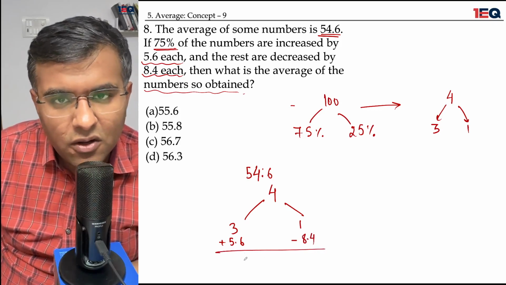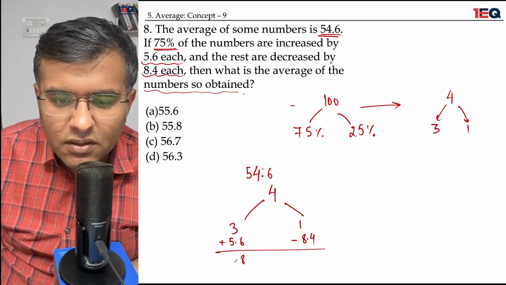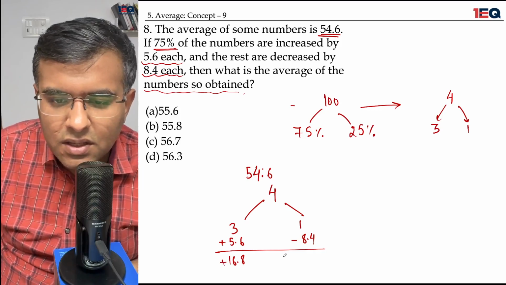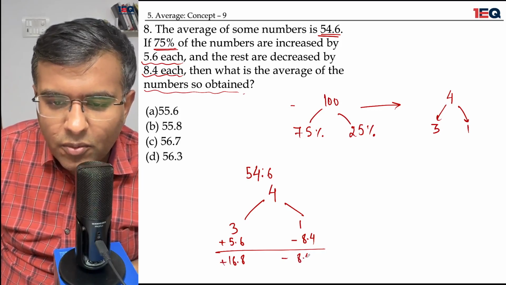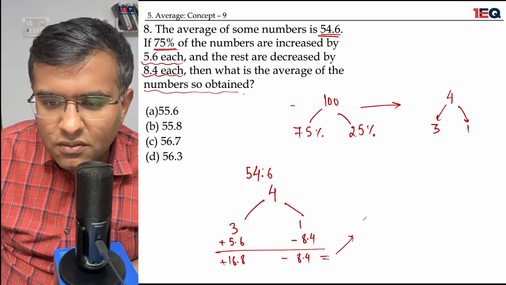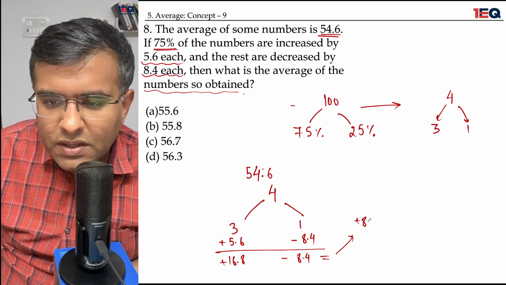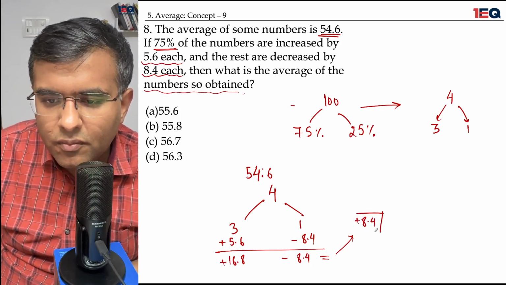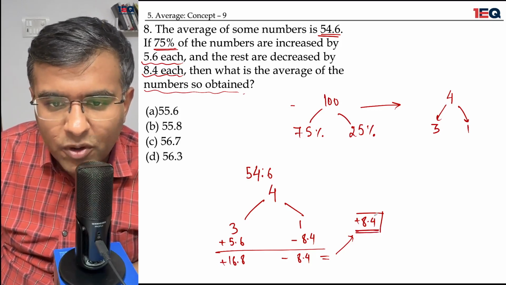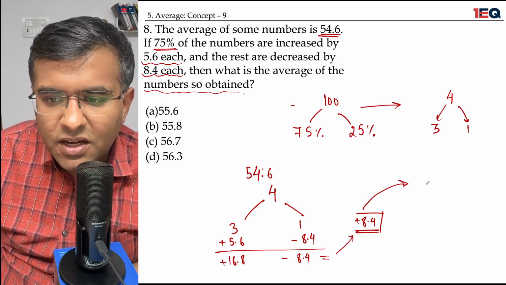The net effect of this would be 3 sixes are 18, 3 fives are 15, 16.8 in plus, and minus 8.4 multiplied by 1. The net effect would come out to be plus 8.4.